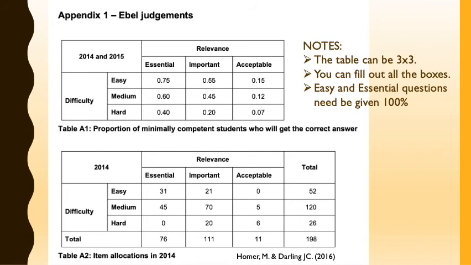What is important to note is that the table can be made into 3 by 3 because the relevance classification is just 3. No? Must know, useful to know, and nice to know. And you can actually fill out all the boxes. Unlike in the first example, some of the boxes were not filled out. Easy and essential questions need not be given an MPL of 100% all the time. So it's really up to you on what to put as your MPL for the type of question.